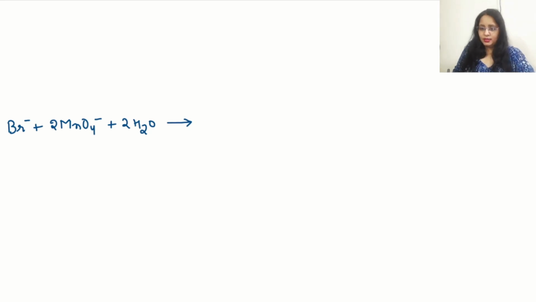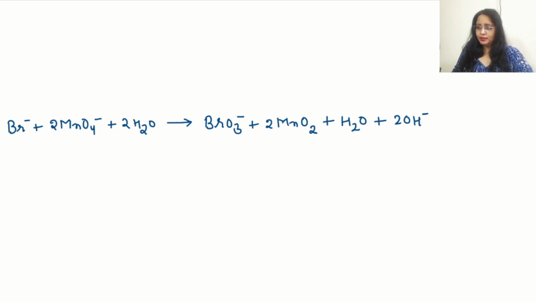The right hand side is BrO3 minus plus 2MnO2 plus H2O plus 2OH minus. So now again we can see that H2O and H2O are on both sides, so that will be cancelled, 2 will be cancelled and 1 will be left.